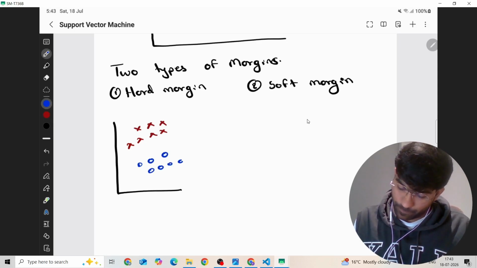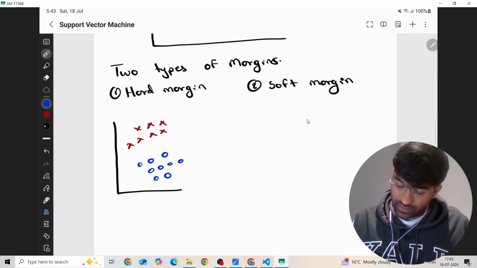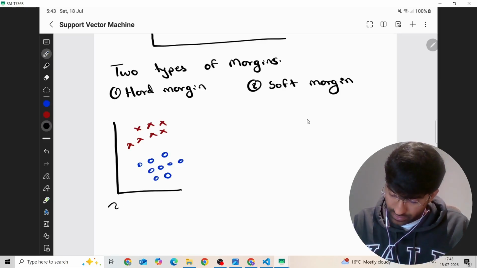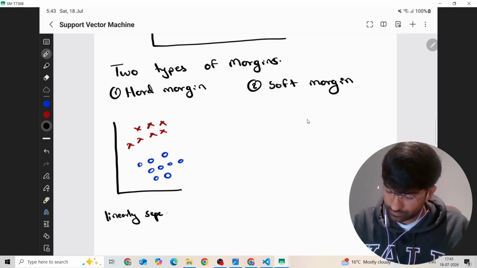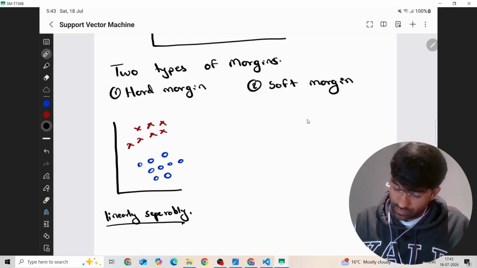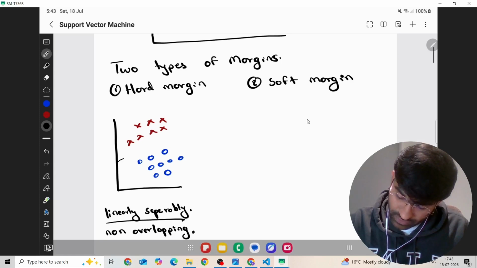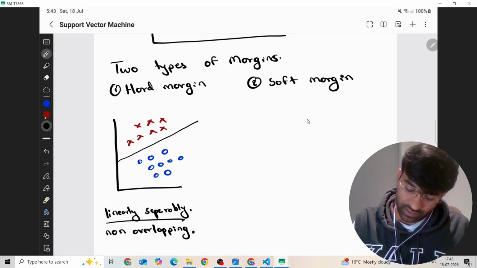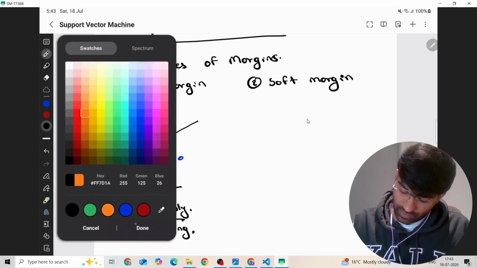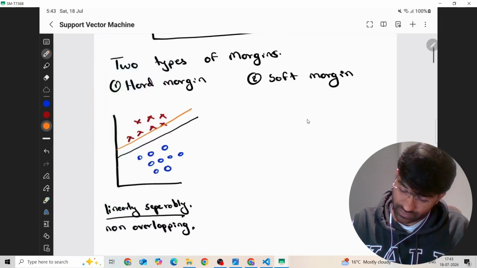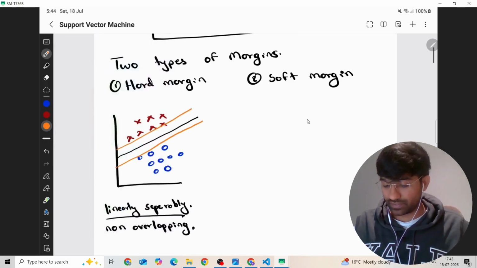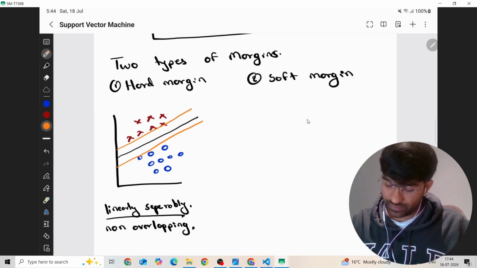See, this is linearly separable data, very clear. That means no overlapping. We can clearly make a division between the X class and the O class with our hyperplane. So this is known as hard margin.